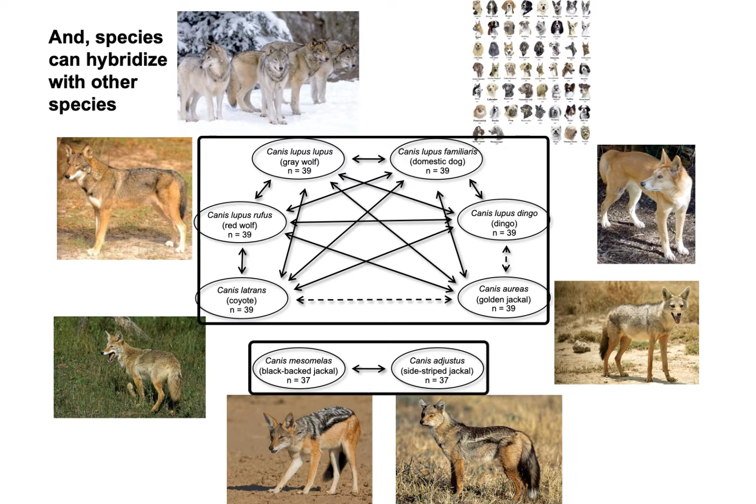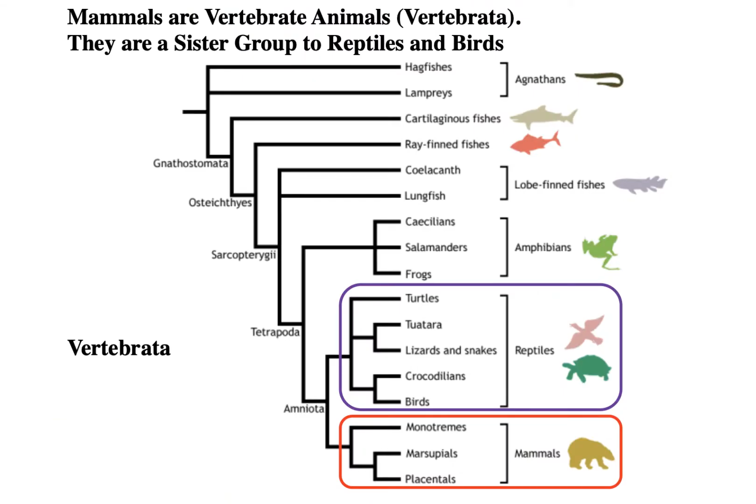And now if you go further out, here are the mammals just summarized, but with the monotremes, the marsupials, and the placentals. On that branch further out, you go to the amniota, and you have the reptiles over here, the turtles, crocodiles, lizards, and the dinosaurs would be on that branch as well.